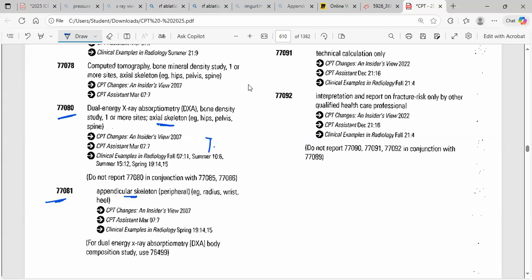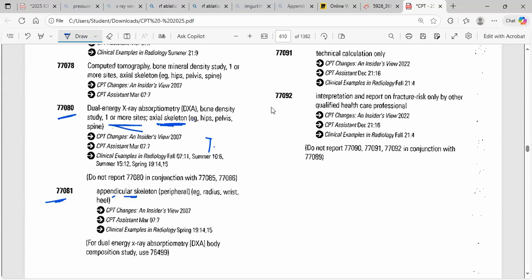So these DEXA scans are based on the skeleton's location, appendicular or axial, and we have to bill this based on the site. Okay, you can see here one or more sites.